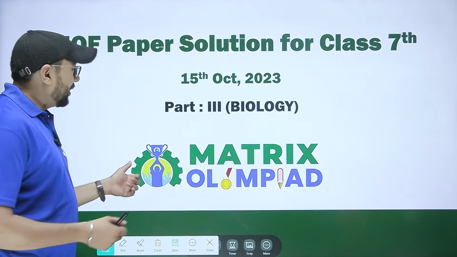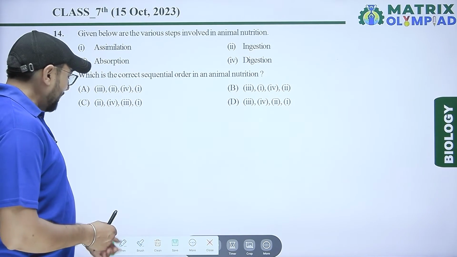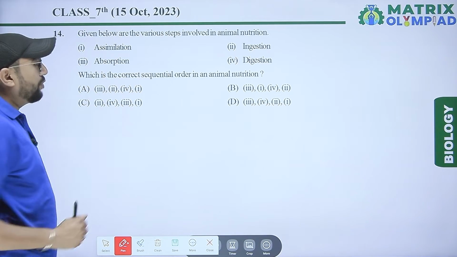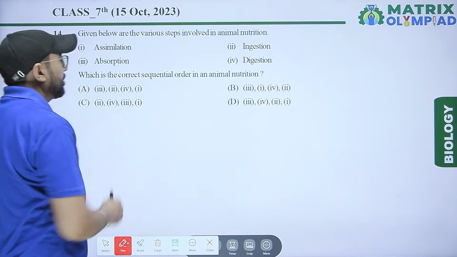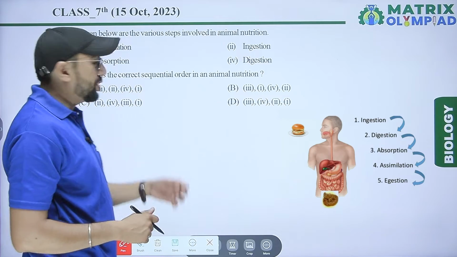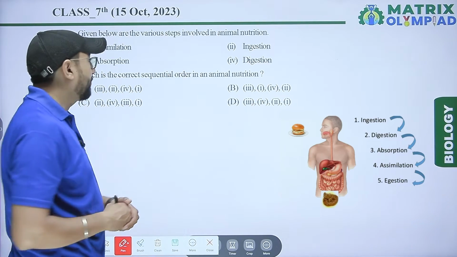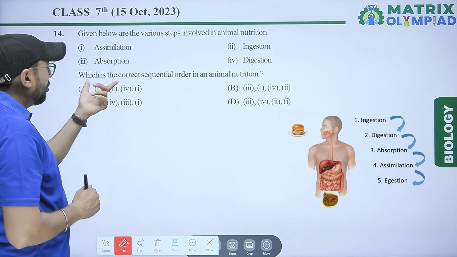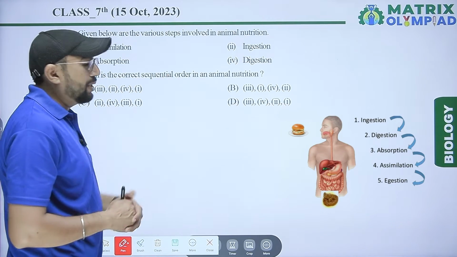Now the first question is: given below are the various steps involved in animal nutrition. First, assimilation. Second, ingestion. Third, absorption. Fourth, digestion. Which is the correct sequence order in animal nutrition?